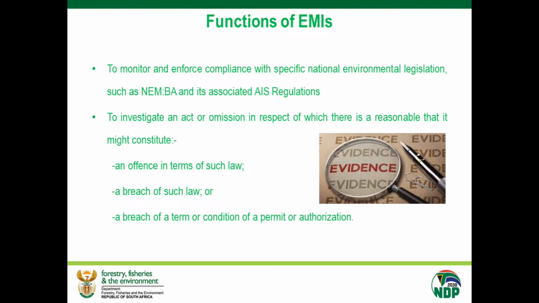And then we investigate an act or omission in respect of which there is a reasonable suspicion that it might constitute an offense in terms of such law, a breach of such law, or a breach of a term or condition of a permit or authorization.